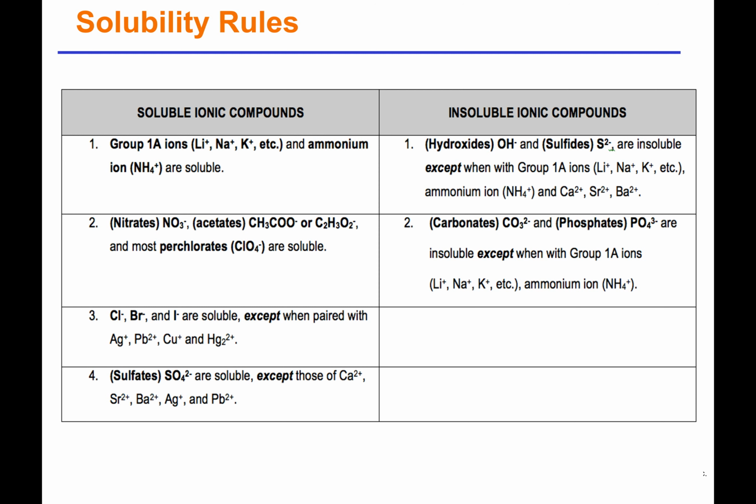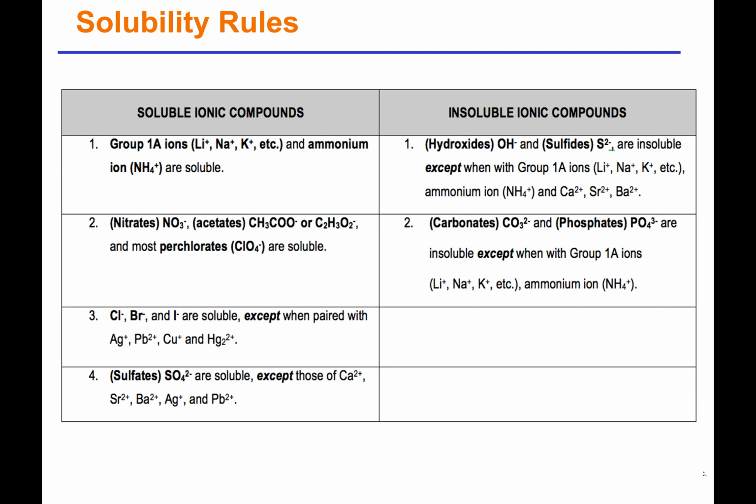On the left, it says soluble ionic compounds. On the right, it says insoluble ionic compounds. They give us some guidelines here. The first one says group 1A ions, so this is your lithium, potassium, sodium, etc., and the ammonium ion are all soluble.